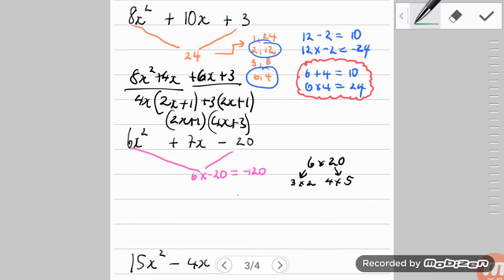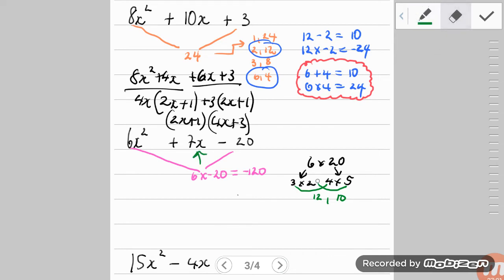So we swing an arc, and then we say 3 times 4 is 12, and 2 times 5 is 10. You can see we've produced another pair, but that pair simply cannot give us 7.